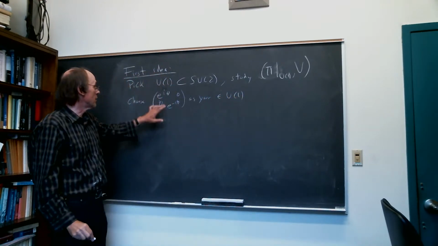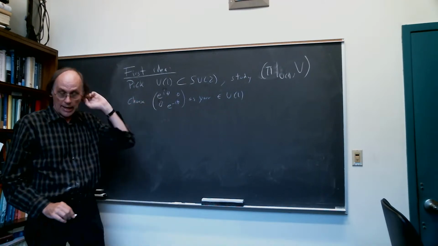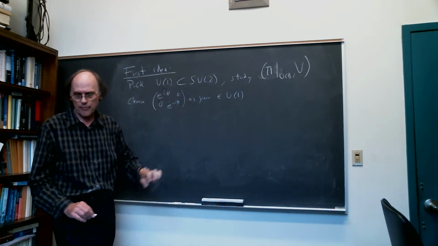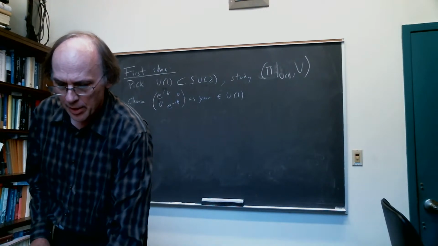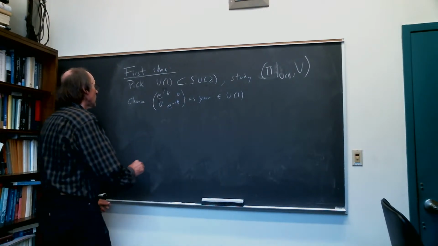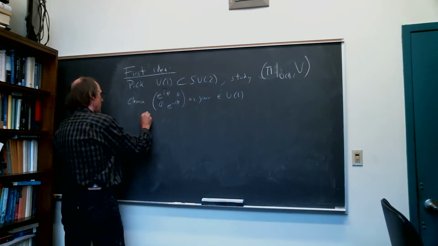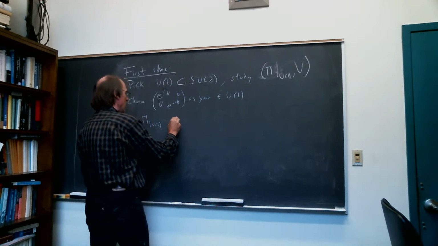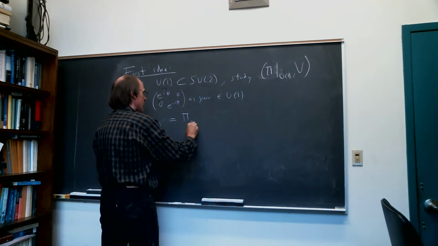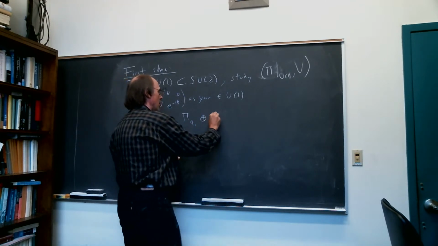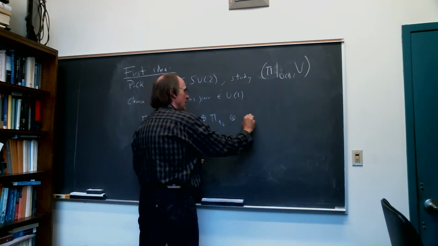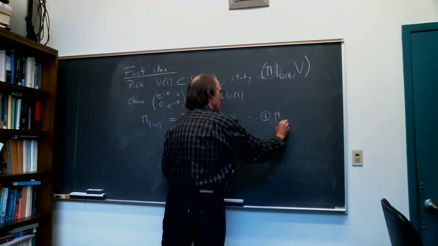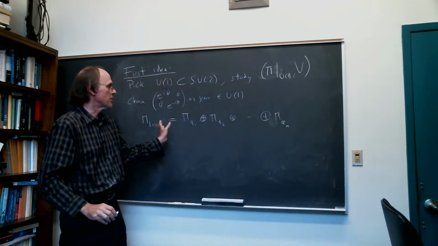So you use the fact that diagonal matrices are going to behave nicely, and you pick this subgroup, and then what you find is that pi restricted to this U1 is going to be equal to pi of q1 plus pi of q2 plus up to qn.